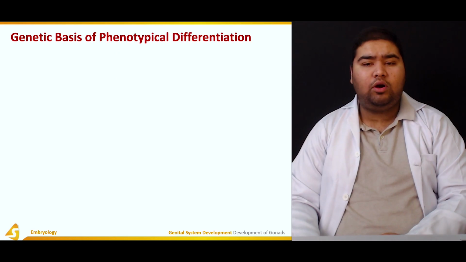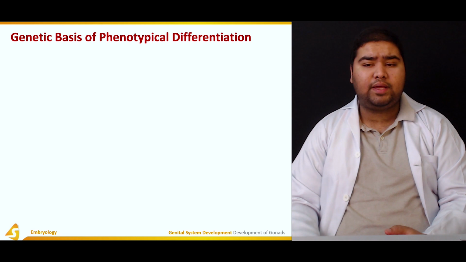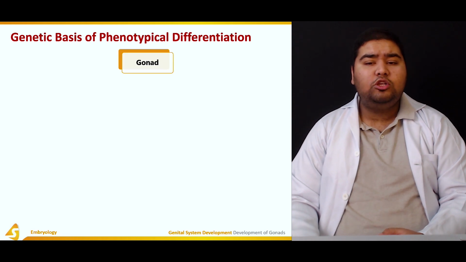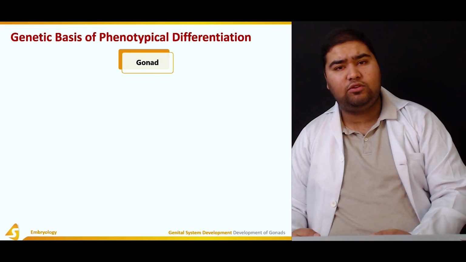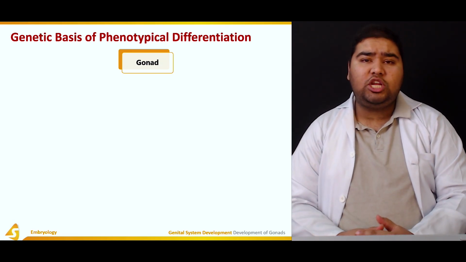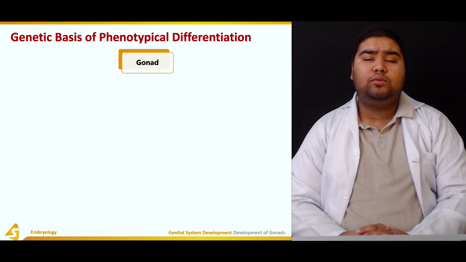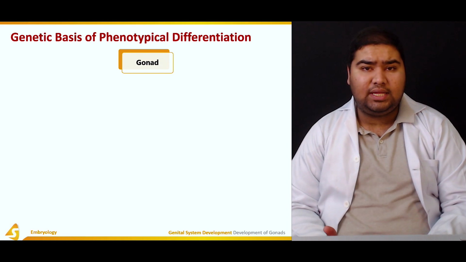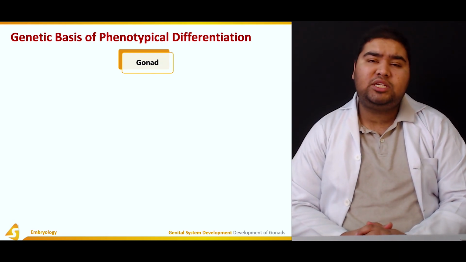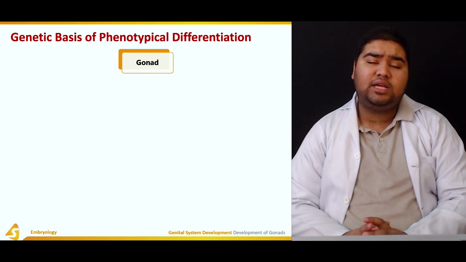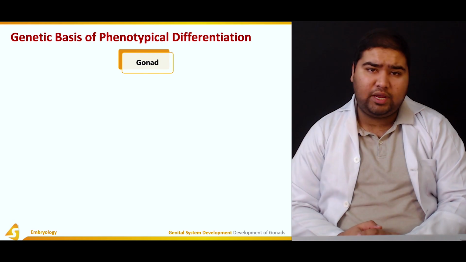Now, moving on, we have the genetic basis of the phenotypical differentiation. So what is a genotypic differentiation? What is a phenotypic differentiation? Genotypic differentiation means what lies within the genes. The genotypic gender or the genotypic differentiation has already been determined at the time of zygote formation.